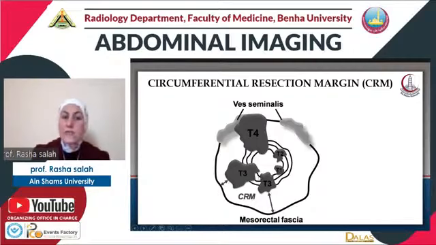So we classify T3 tumors as sometimes good T3 tumors and sometimes bad T3 tumors: bad when the margin is very minimal or violated, and good when there is a wide distance between the tumor and the mesorectal fascia, and these tumors have a better prognosis than the bad T3 tumors. T4 tumors, as we mentioned earlier, are infiltrating the surrounding pelvic organs, and this is, of course, a positive circumferential resection margin.